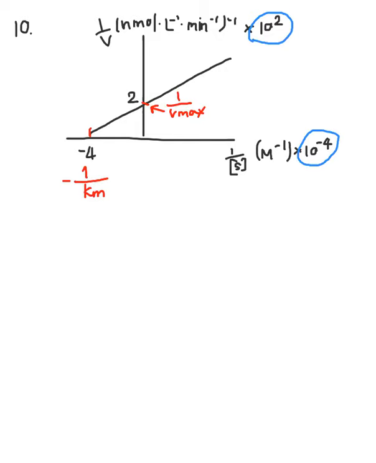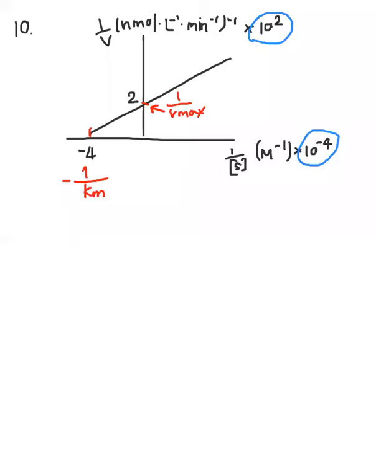So first, if you have 1 over Vmax equal to, and as I mentioned earlier, that 2 is not the actual value.